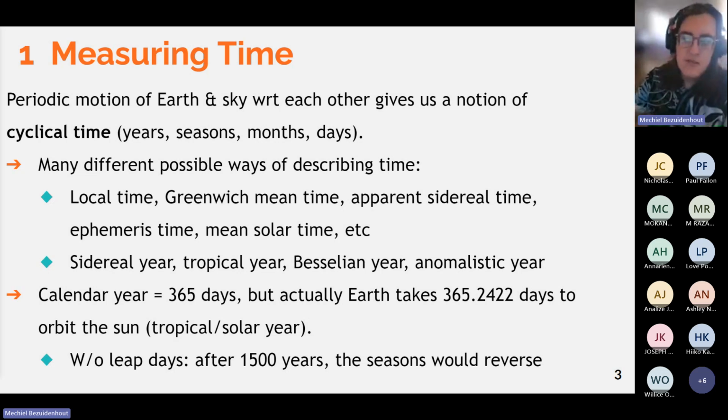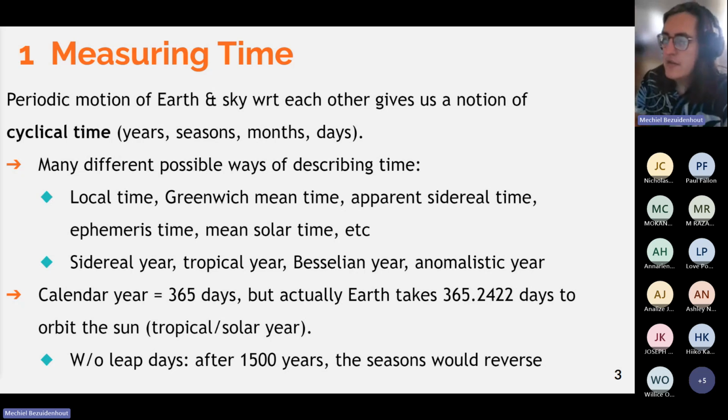There's a whole long list of different timekeeping conventions that people have used throughout the years for different purposes. And we can also devise different ways of measuring a year. So we can talk about a sidereal year, a tropical year, a Besselian year, or an anomalistic year, etc. I'll get to some of these as we go on.